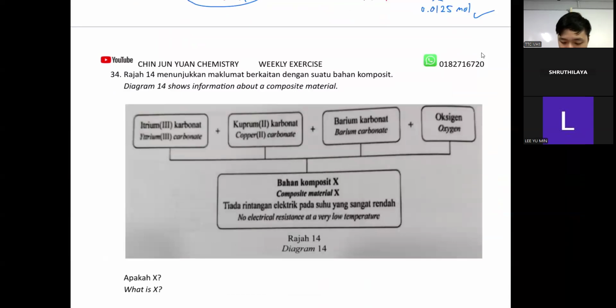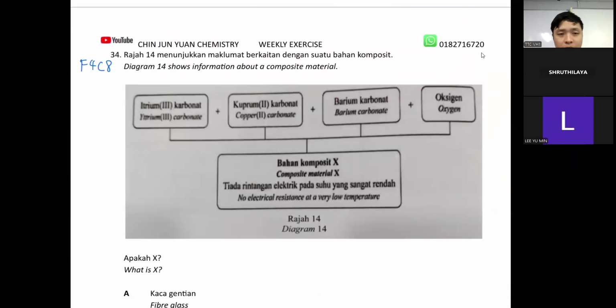Question 34. Form 4, chapter 8. Diagram 14 shows information about a composite material. What is X? This one is YBCO: yttrium carbonate, barium carbonate, copper(II) carbonate, oxygen.